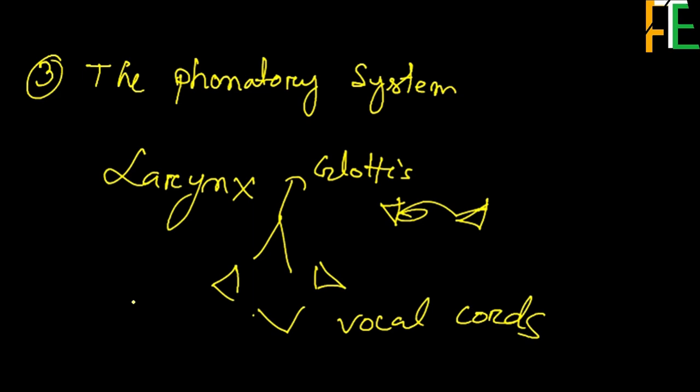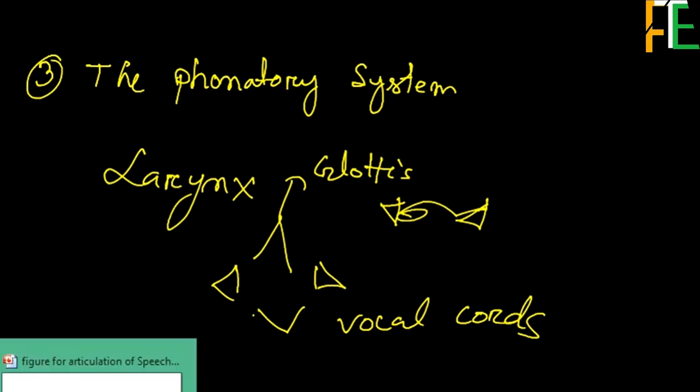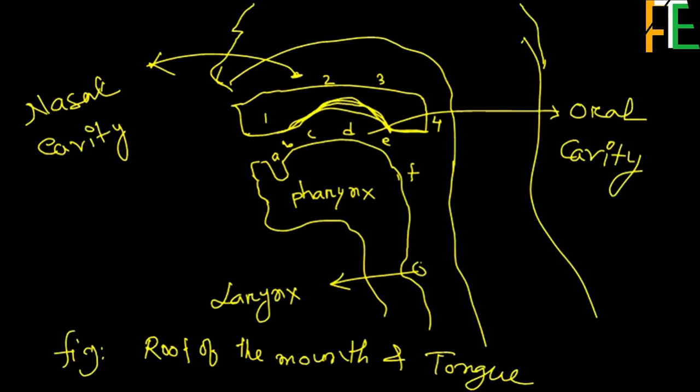We will learn in detail which are voiced sounds and which are voiceless speech sounds, depending upon the function of the vocal cords and larynx. Okay, so before going to that, we have to know the figure.